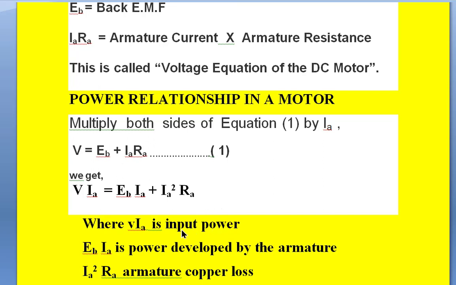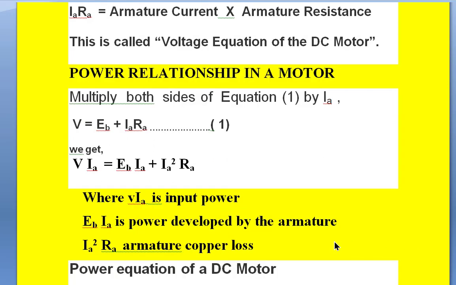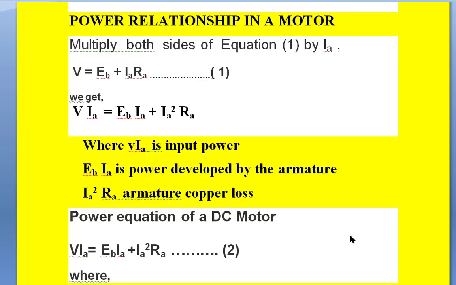Here V into Ia is the input power to the motor, whereas EB Ia is called the power developed by the armature, and Ia square RA is called the armature copper loss. So this equation, V Ia is equal to EB Ia plus Ia square RA, is called the power equation of the DC motor.